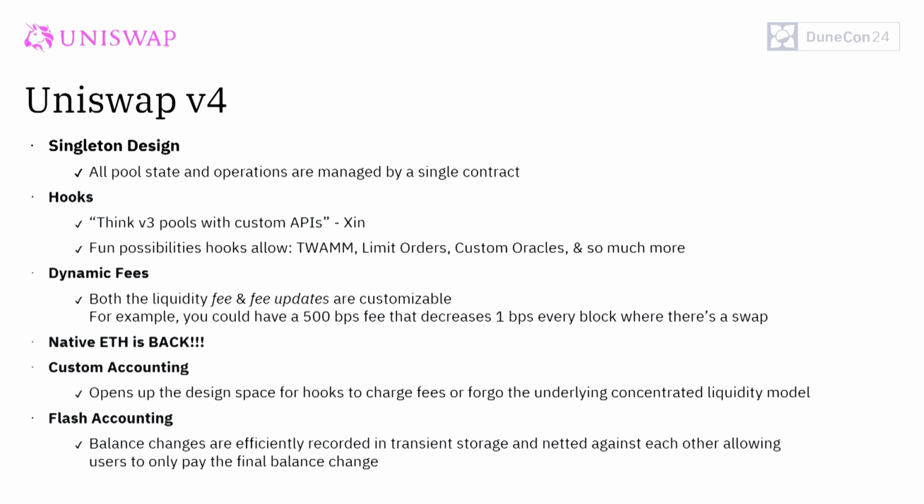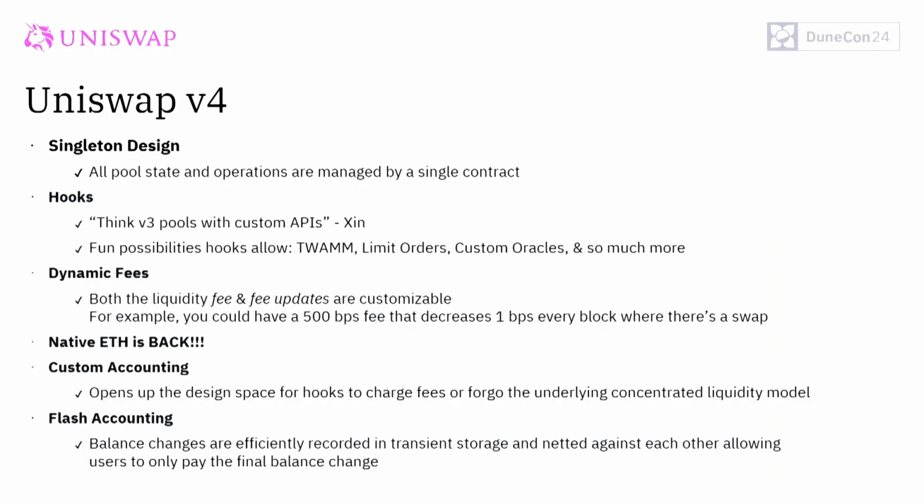There will be hooks, and you can think of them as V3 pools with custom APIs that are calling out to external contracts. That allows you to do a bunch of things, including time-weighted AMM, limit orders, custom oracles, and a lot of other things that are still being worked on.